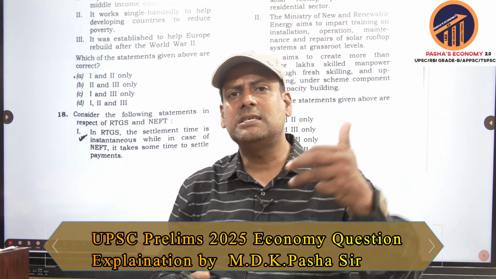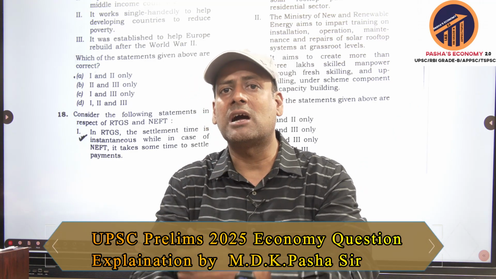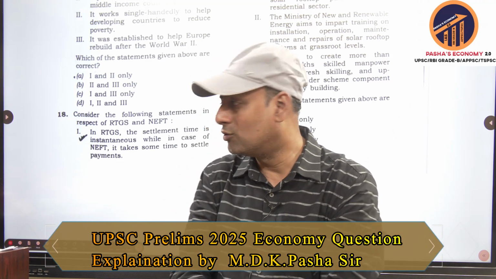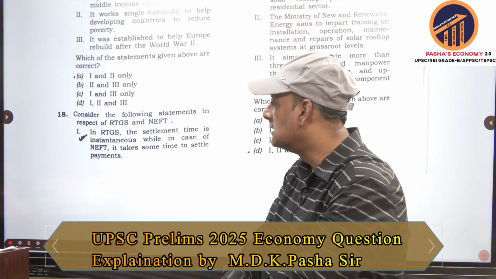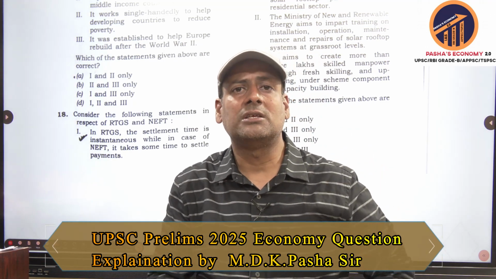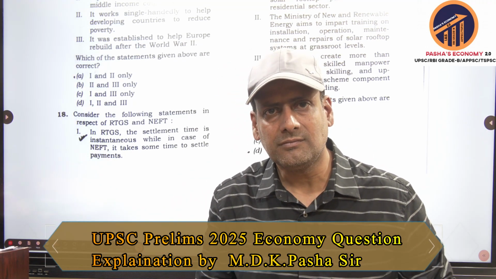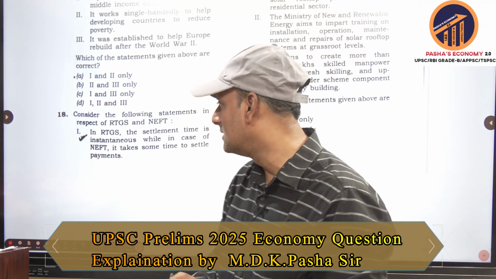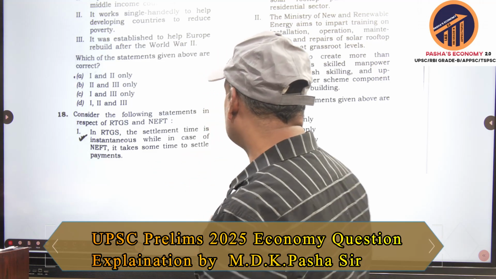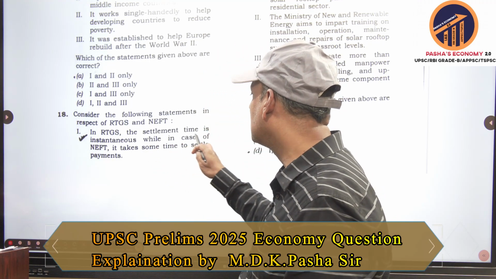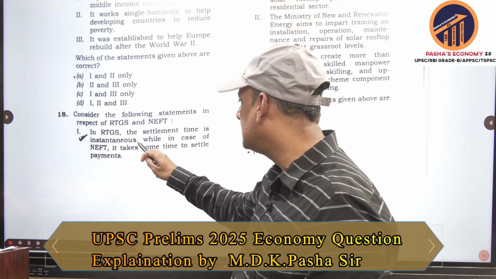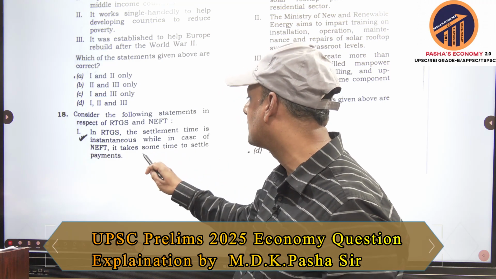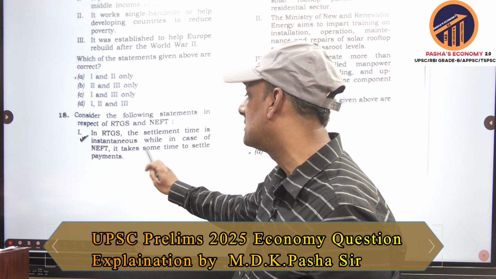Clear? RTGS and NEFT, real time gross settlement and NEFT. See, these two are payment systems. In RTGS the settlement time is instantaneous, while in the case of NEFT it takes some time to settle payment, right?